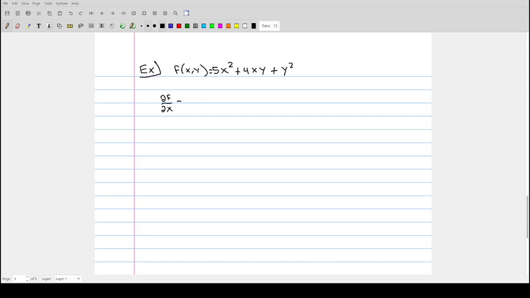The x partial derivative of this function f at any point is going to be computed by taking the x derivative of this expression and keeping y constant. So this is going to be 10x plus 4y plus 0.